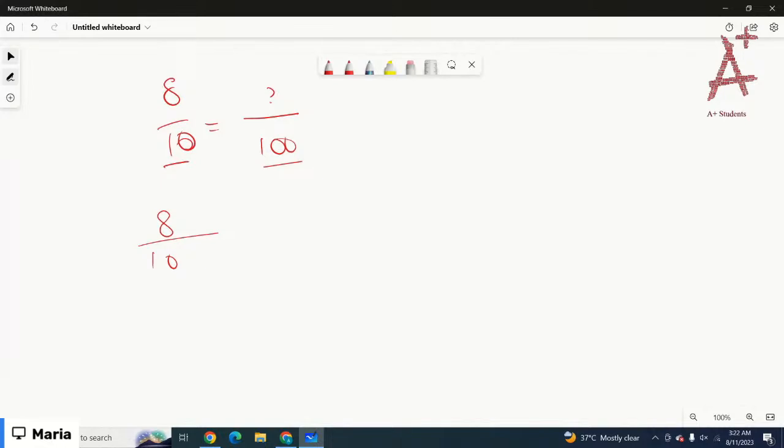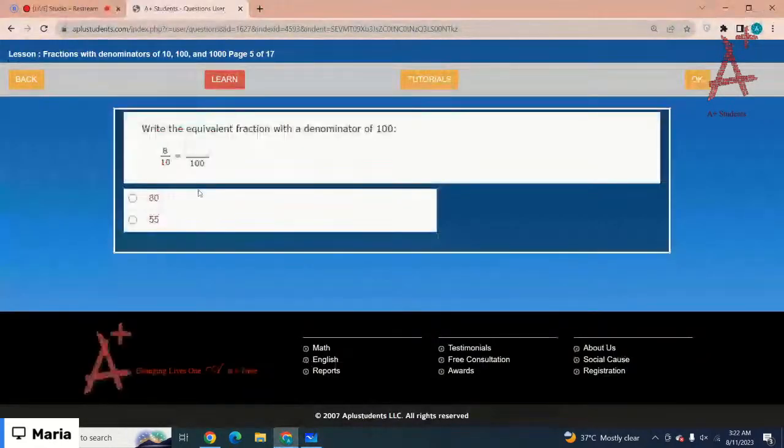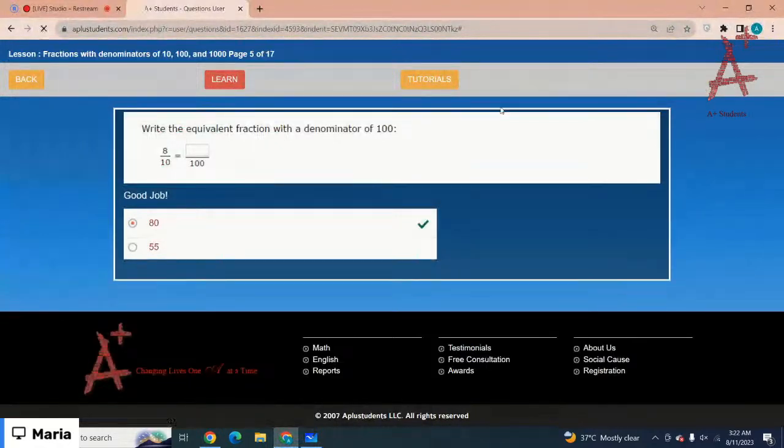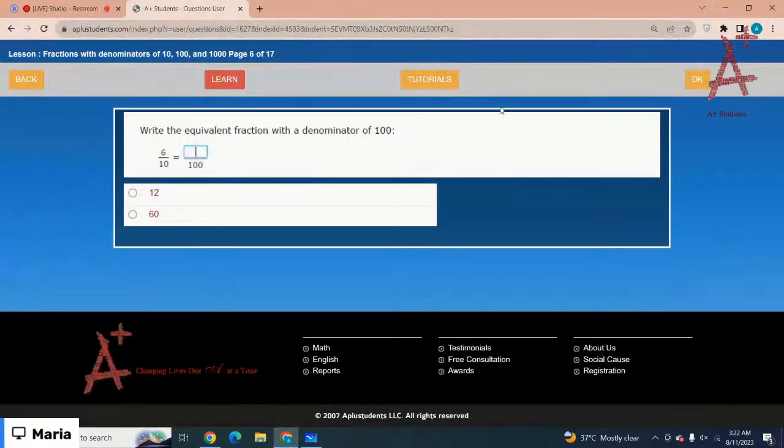So how do you make it? 10 times 10 makes 100. So you have to multiply it by 10. So 10 times 8 is 80 and 10 times 10 is 100. So the correct option is 80 over 100, right? So the correct option is 80. Okay, you can complete the test by yourself later today. Let me just move on to the next lesson.